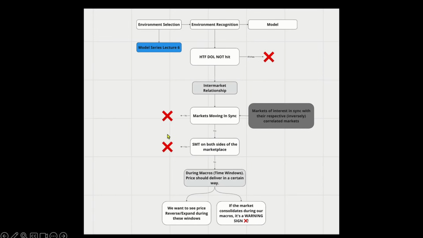If there's no SMT on both sides of the marketplace, we take a look at the final key steps, which are during macros, our specific time windows, price should deliver in a certain way. Meaning, during the windows that have been provided to you, XX45 to XX15, we want to see price reverse or expand during these windows.